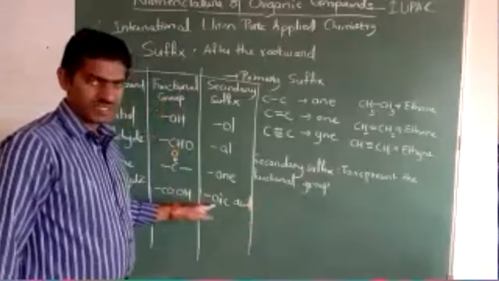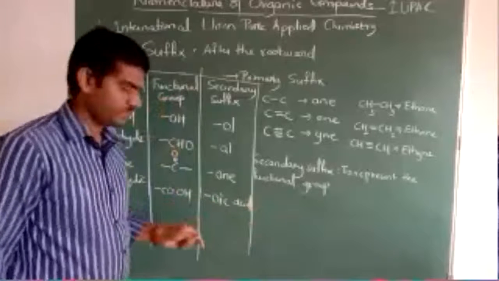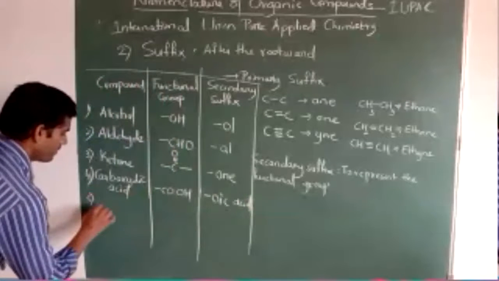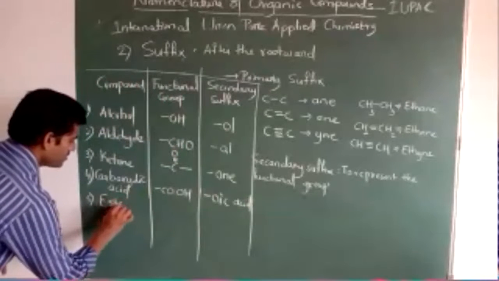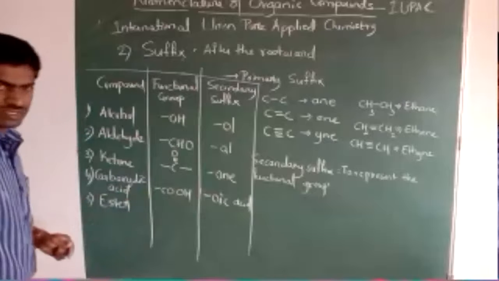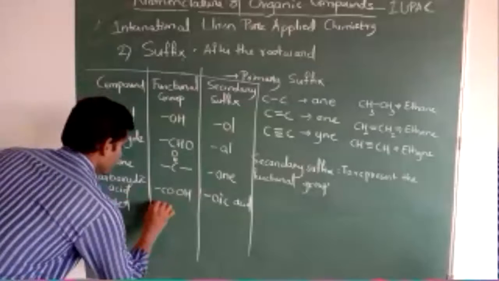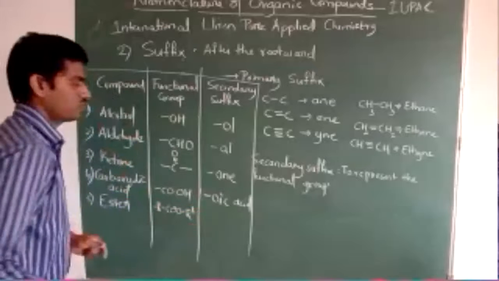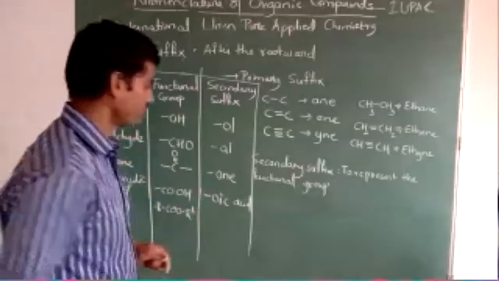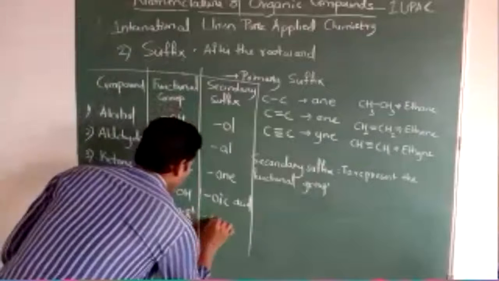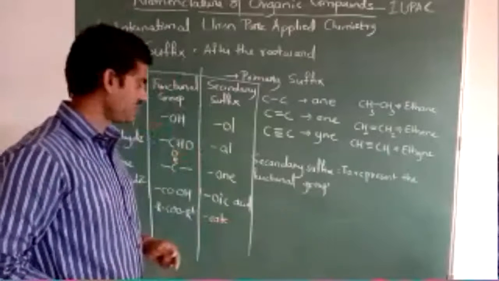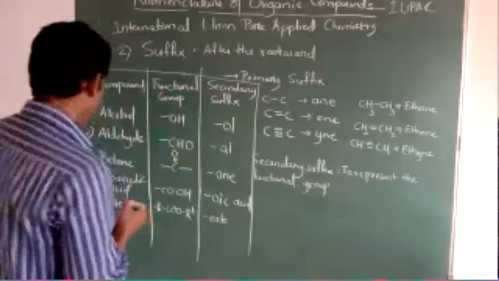Pronounce that correctly: oic acid. Next, the fifth one, ester. The functional group is RCOOR dash, and the secondary suffix we use is OATE.